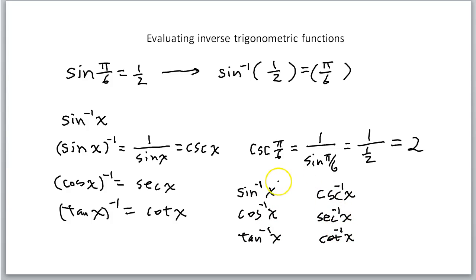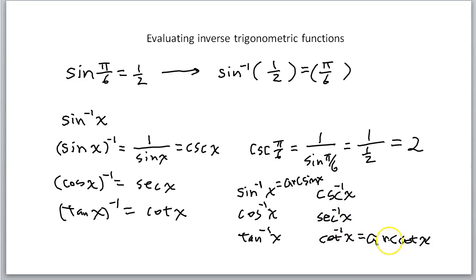Okay. Now, one thing I want to add to this is some people prefer to call sine inverse of x as arc sine of x, and everything else also. Instead of saying inverse cotangent function, people will say arc cotangent of x. Now both of these are in use, so you have to know that they are the same thing. Whenever you're being asked to find arc cotangent of 1, for example, you should know that it's asking for a cotangent inverse of 1.